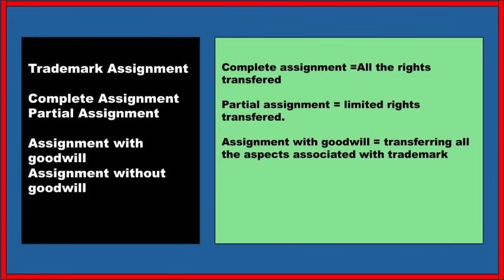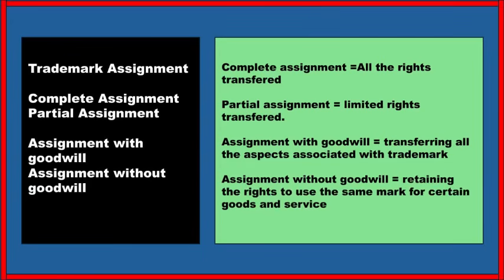So, what about trademark assignment without goodwill? Now, if a trademark is assigned without goodwill, it means the transfer of trademark ownership rights alone, without the associated business reputation, consumer base, or product specific rights. So, the assignee can use the mark but for different goods or services, and leaves the original owner to continue operation in their existing market.